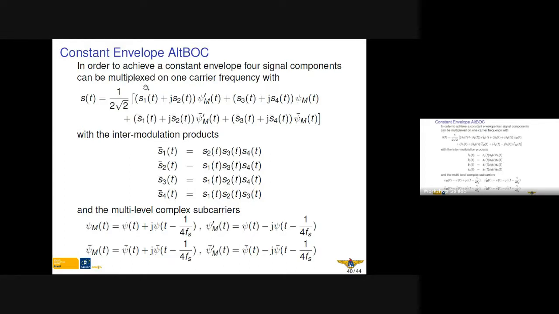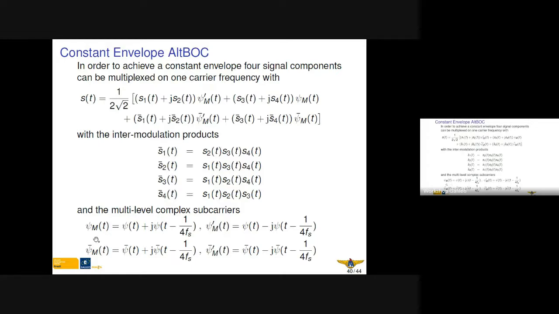So in principle, we have two QPSK signals modulated with multi-level subcarriers, plus another two QPSK signals multiplied with multi-level subcarriers, and they are all superpositioned.